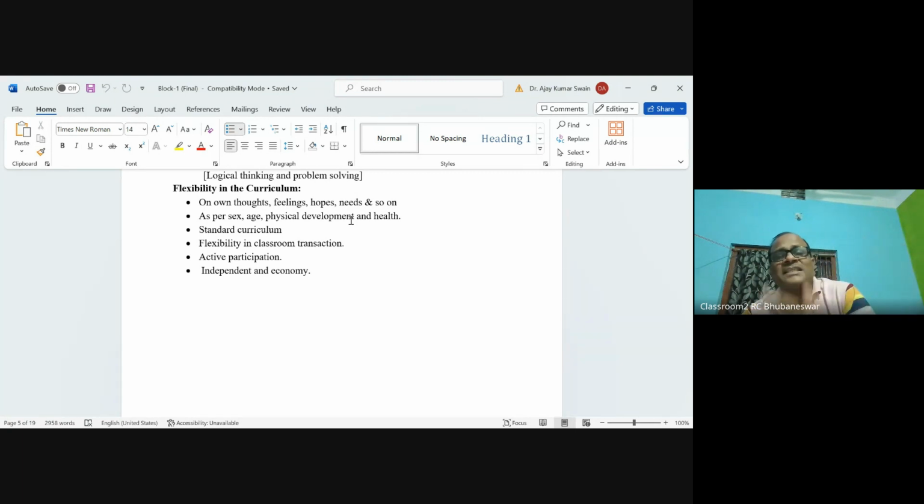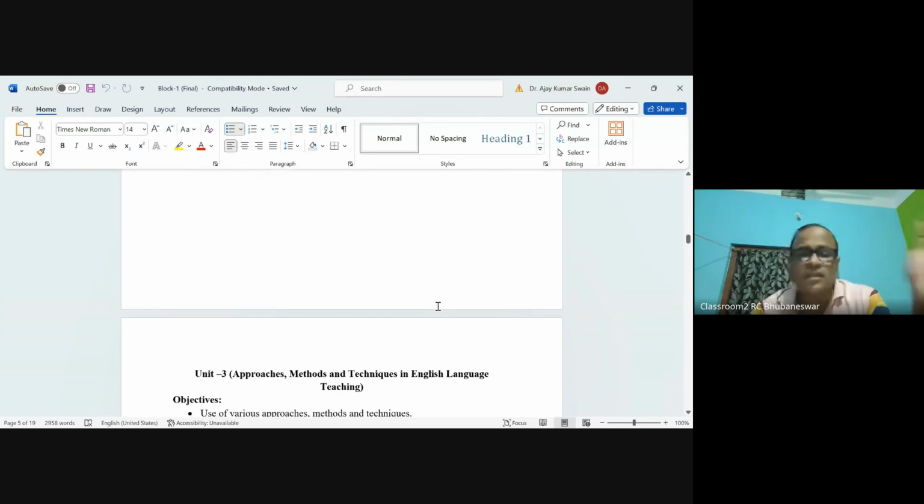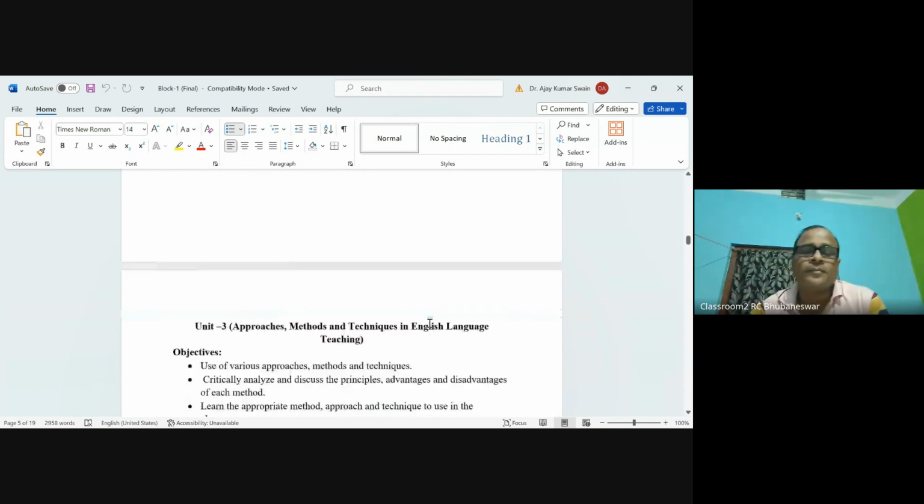So in all these aspects, flexibility must be maintained. Without flexibility, if we follow the rigidity principle, that may not help our learners to acquire better achievement in English language. In other languages or other subjects also, but related to the English language, we should be flexible.